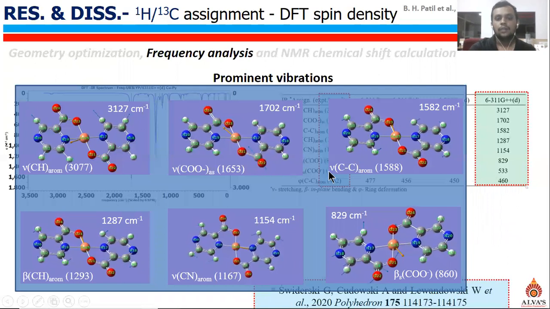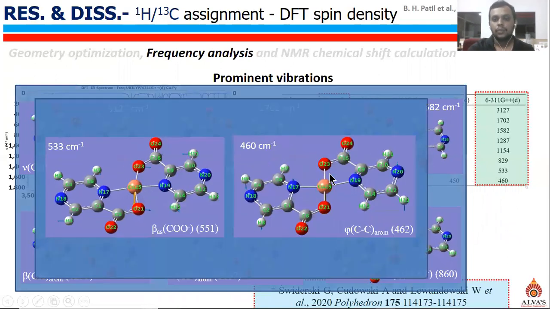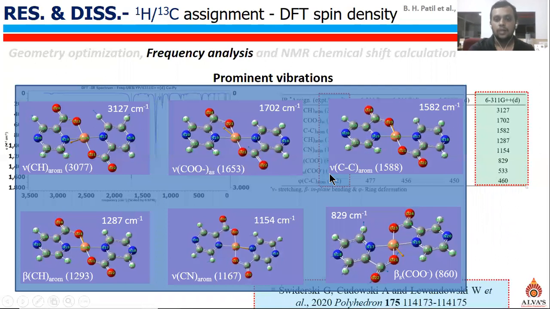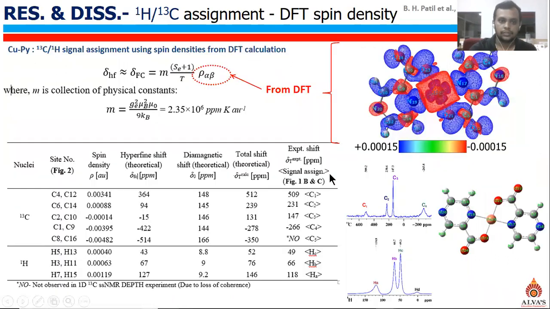Hence, these are the prominent vibrations which we get from the experimental vibrations of Lewandowski. Once the frequency calculation is done, the signals have been assigned using density functional theory.